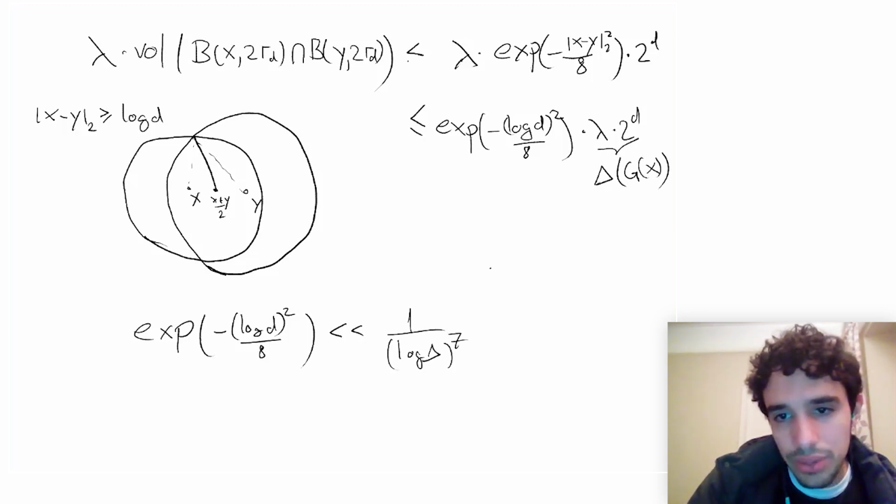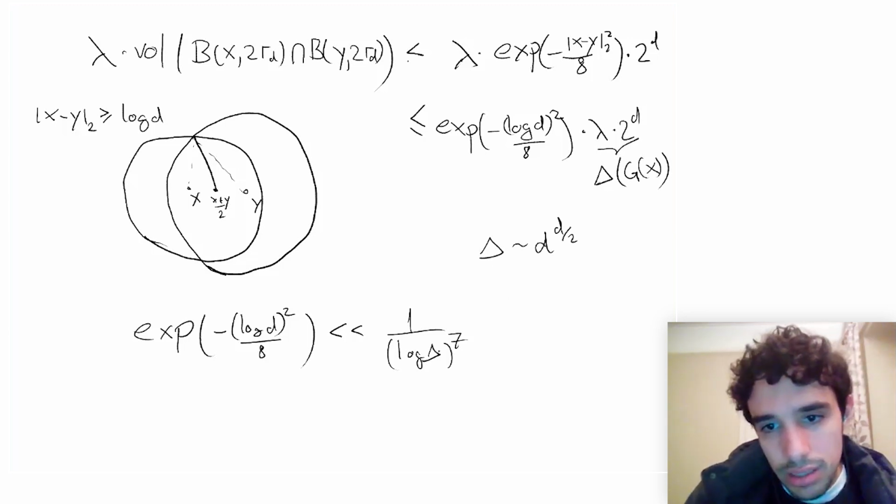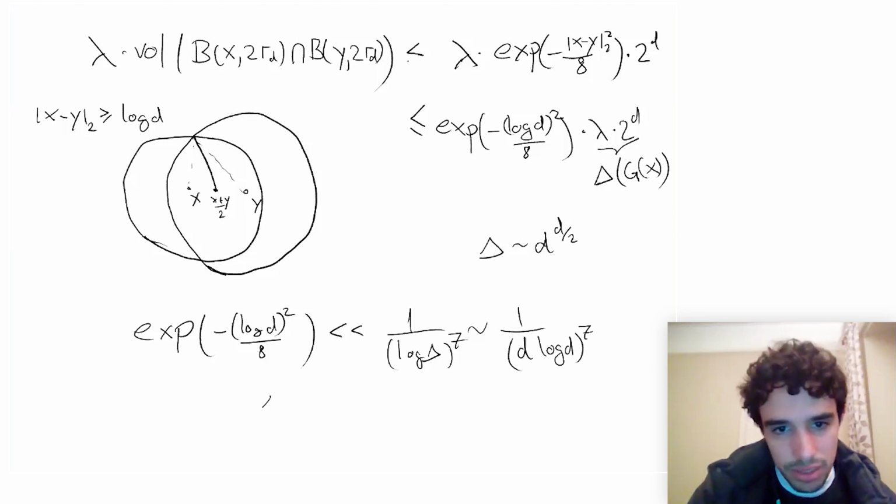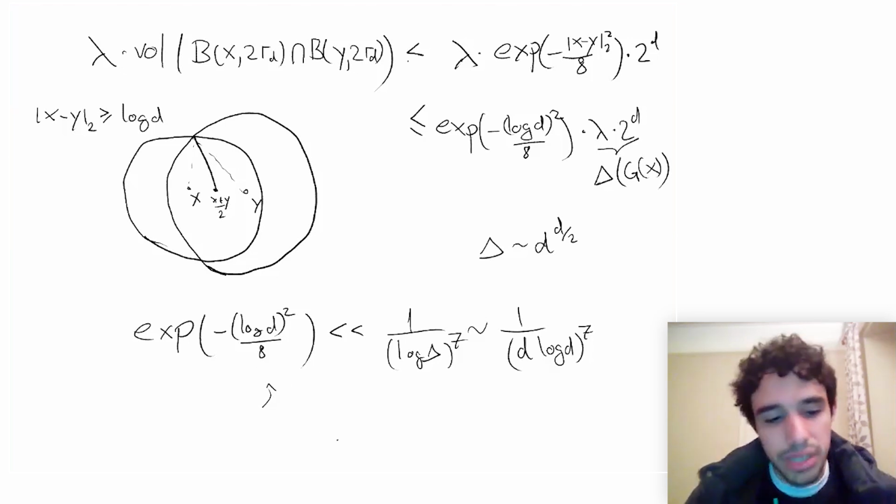But what is log delta? Delta will basically be d to the d over 2. So this is basically 1 over d times log d to the 7 here, and so this guy is obviously much smaller. So we have loads of room here.